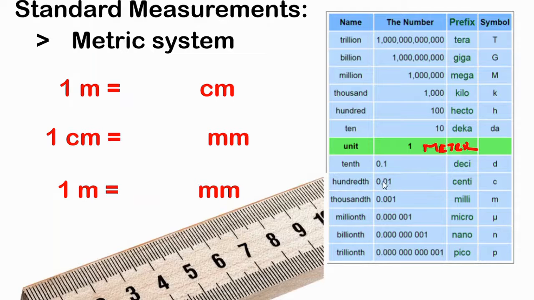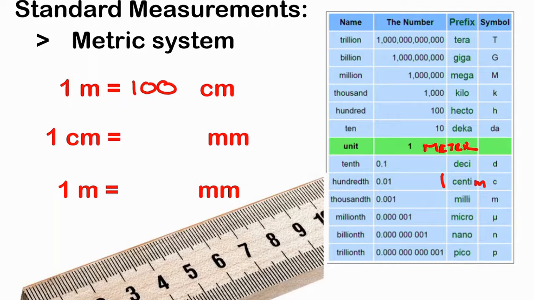Let's not look at this and go 0.01. 1 centimeter is 1/100th of a meter, right? These are smaller. And so if the question is in 1 meter, how many centimeters are there? Well, if 1 centimeter is 1/100th, then it must take 100 centimeters to get a meter.